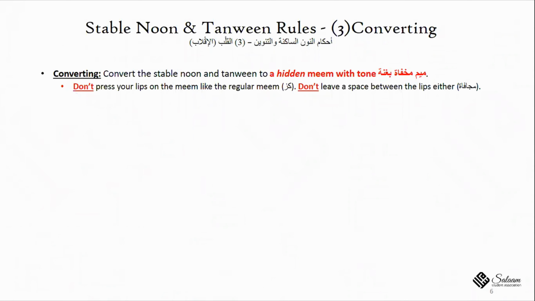You just put them on each other and then you say the letter. So first, don't press your lips against each other, and also don't leave any space between them, because some people, when they say mim mukhfa, leave a little space between their lips, and this is not good. Actually, some people teach al-iqlab like this, and it's not correct.